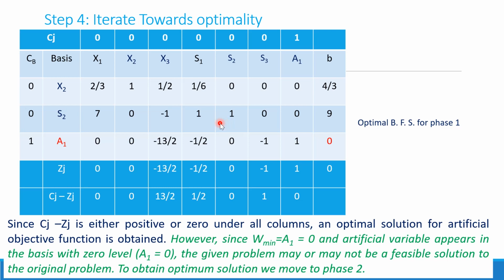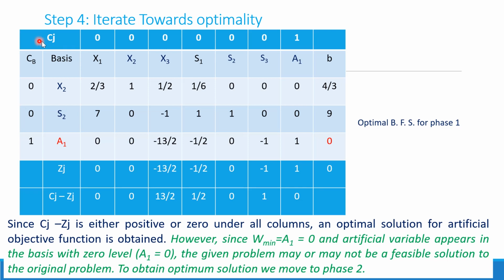Now to check whether it is an optimum solution to the original problem, we will move towards phase 2 by keeping this A1 in the objective function as a 0.